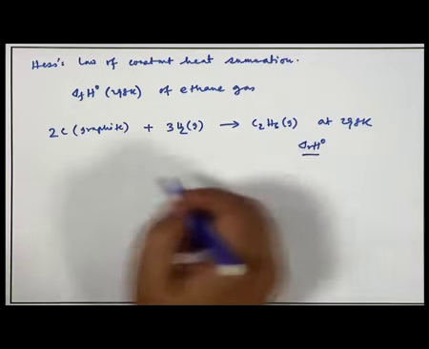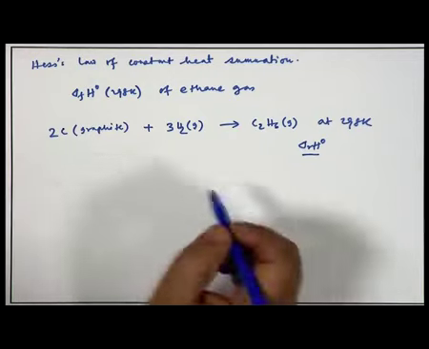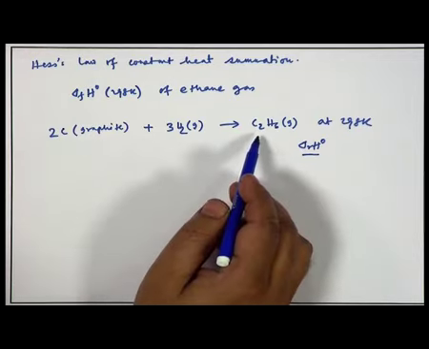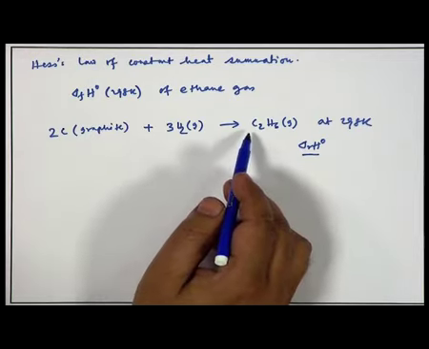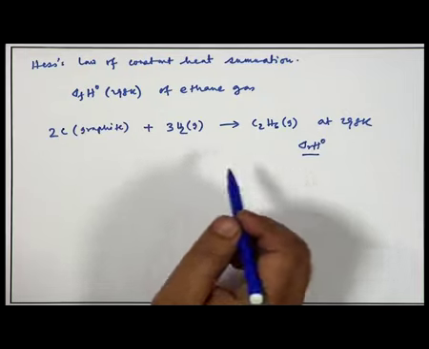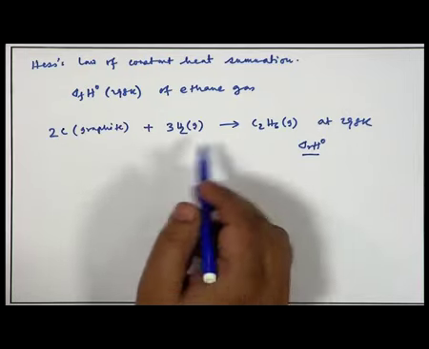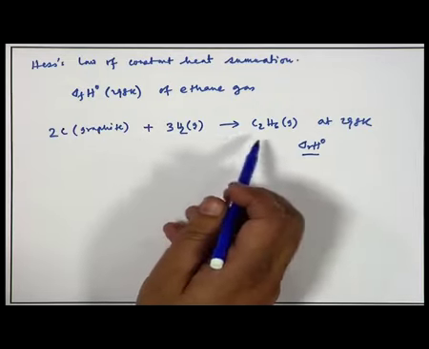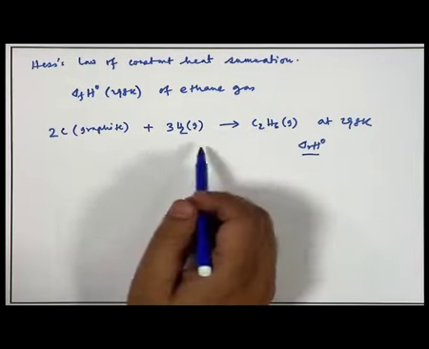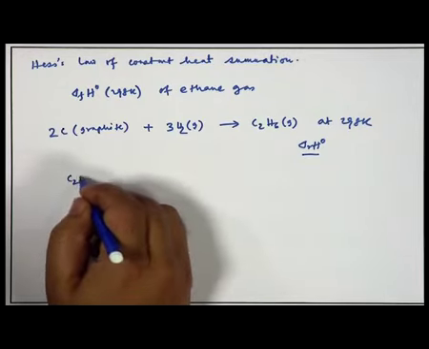Though we can imagine this formation reaction, this is not the way ethane is formed, so we have to take an indirect path. What is the indirect path we can think about? We can measure the heat of combustion of graphite, hydrogen and ethane, and then using those three reactions we can find out the enthalpy of the formation reaction. We will give you an example.